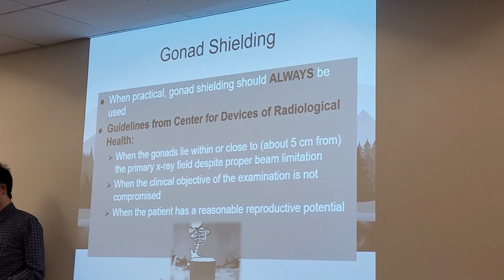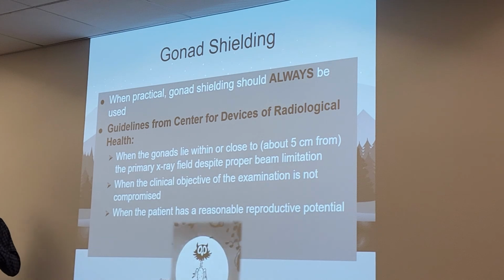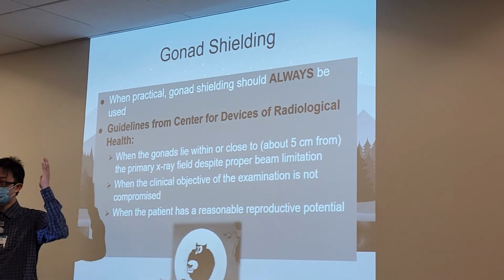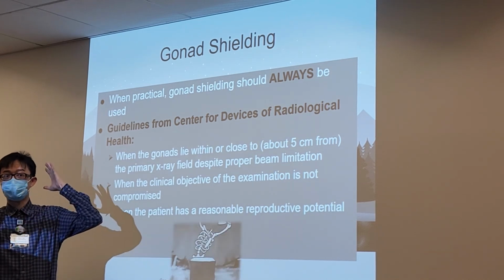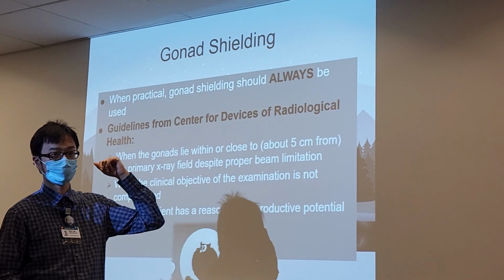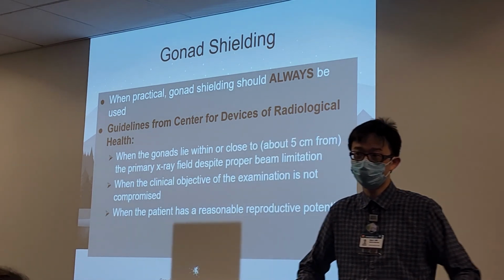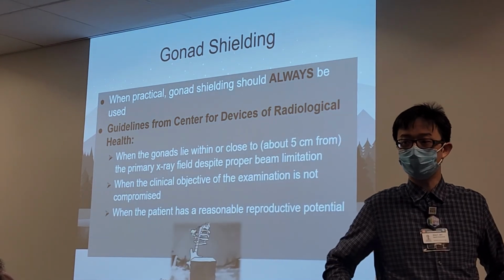If the clinical objective of the examination is not compromised, you should use shielding. What does that mean? It means that you should shield as long as the shield will not get in the way of your exam. So if I am doing a chest or I'm doing a head x-ray, I am far away from these gonads, correct? So there is going to be no issue. It's not going to affect my exam if I put a shield here in front of the gonads.